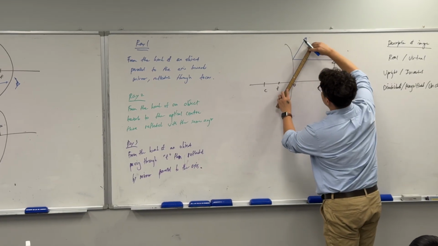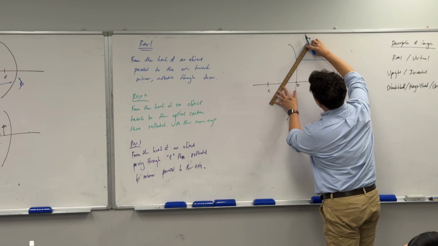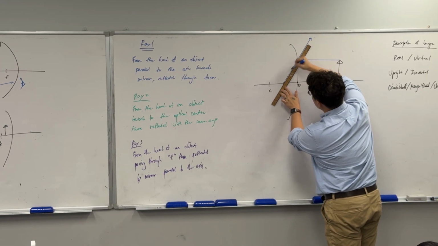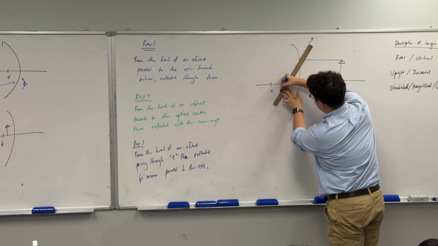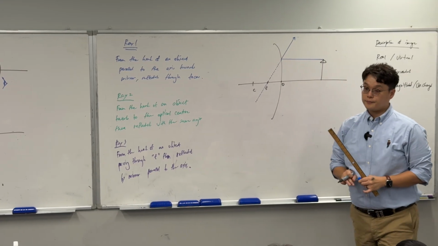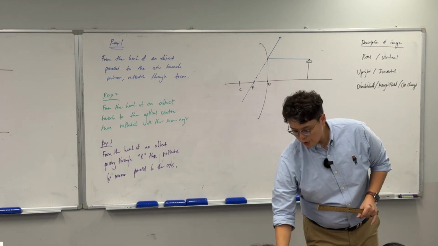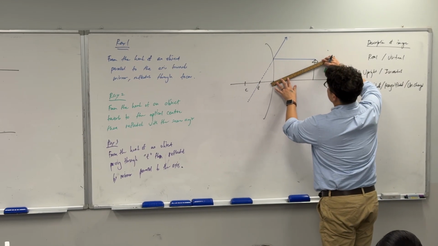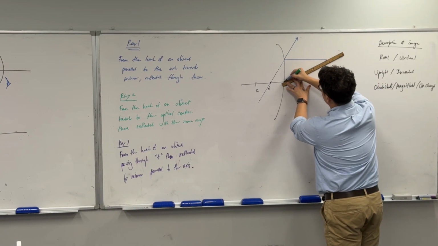What you'll be able to see is the ray behind the mirror passing through the focal point. This is ray 1. Ray 2, aimed at the center of curvature, goes like this.